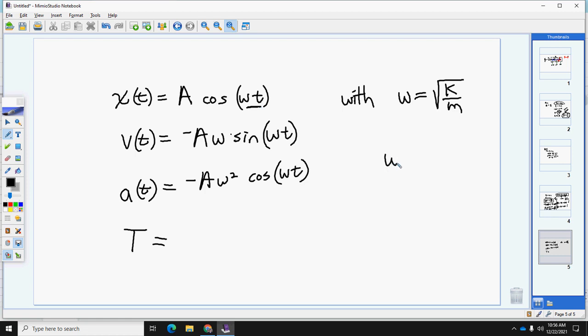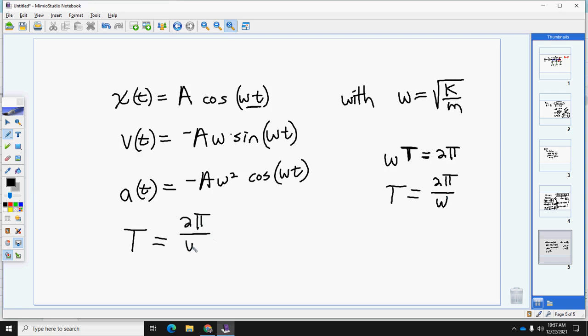So omega times capital T, when lowercase t is equal to capital T, that's when the cycle repeats. So that's 2 pi for the cosine function. So if I solve this for period, I get period equals 2 pi over omega. So that's our final formula here.